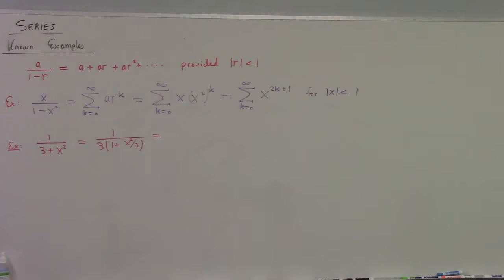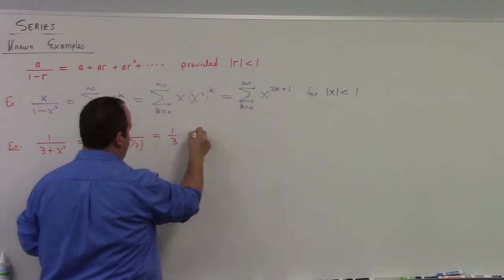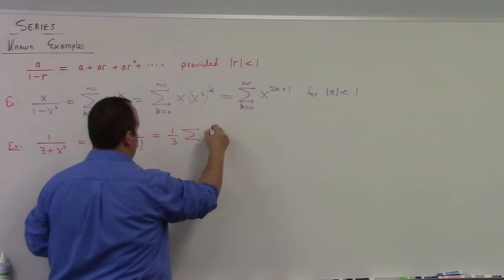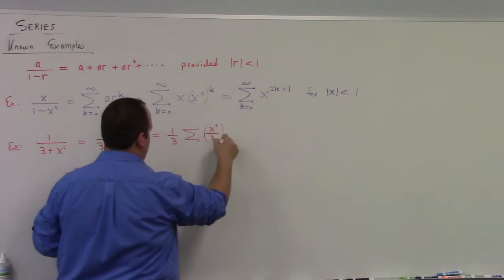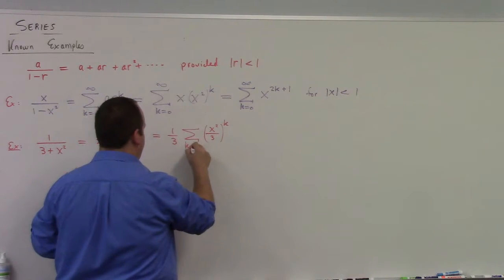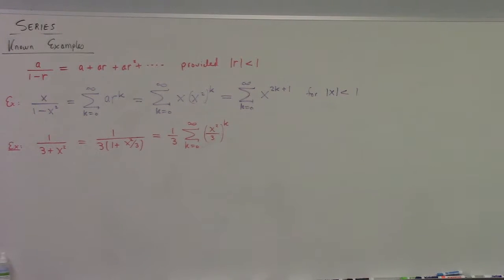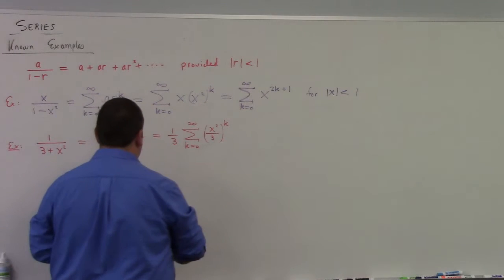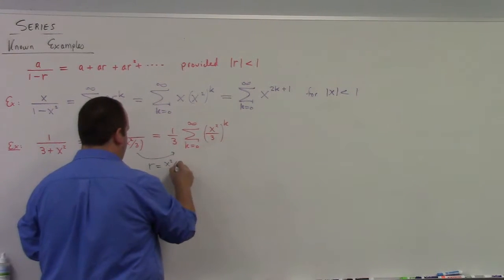If you tilt your head and squint, I'll do it this way: 1/3 times the sum of what? Minus x squared over 3 to the power k. So my r, my ratio for this geometric series, is minus x squared over 3, right?